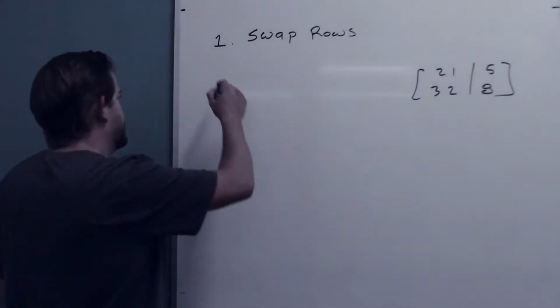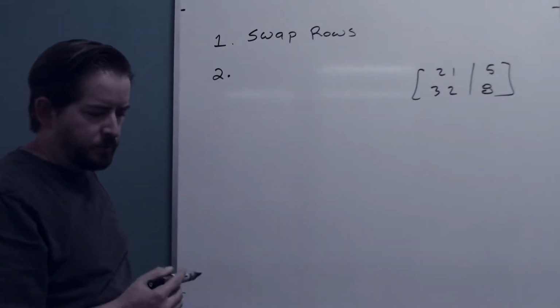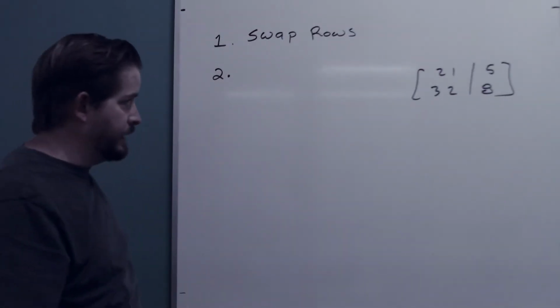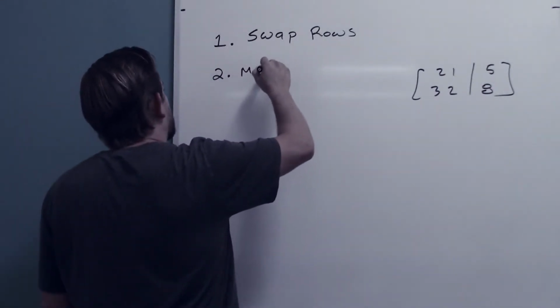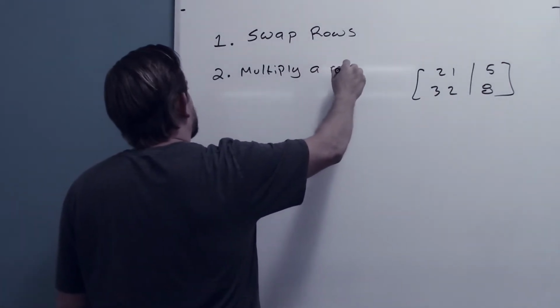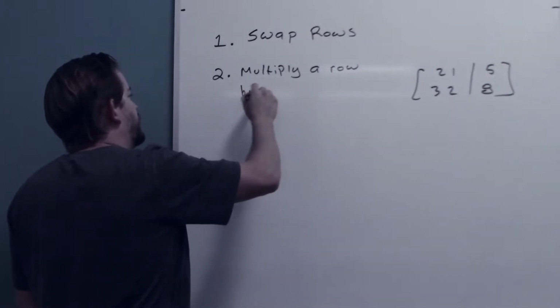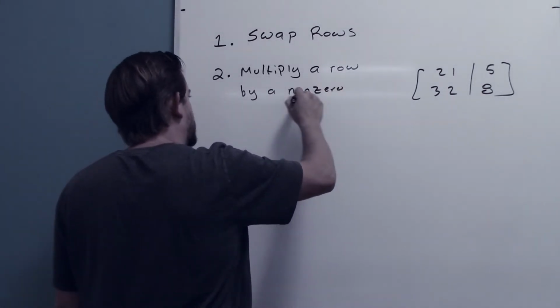But the second thing that I can do is multiply a row by a non-zero constant.